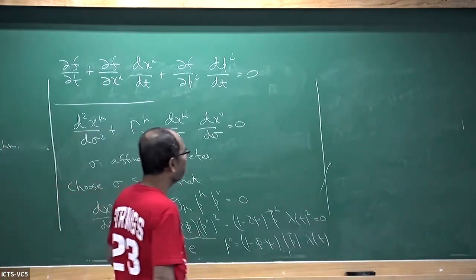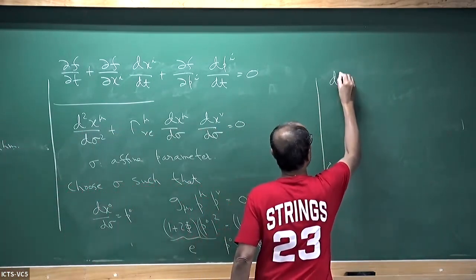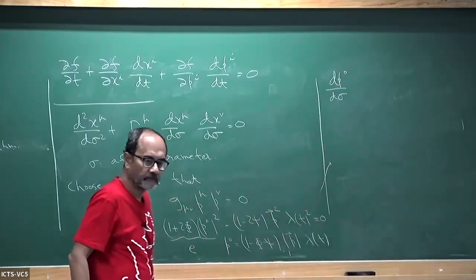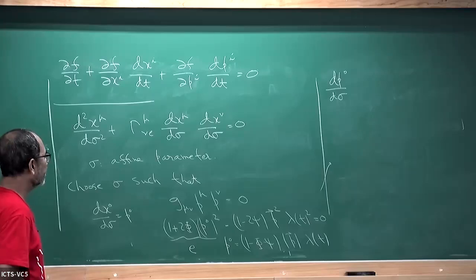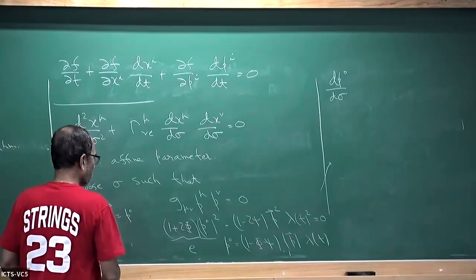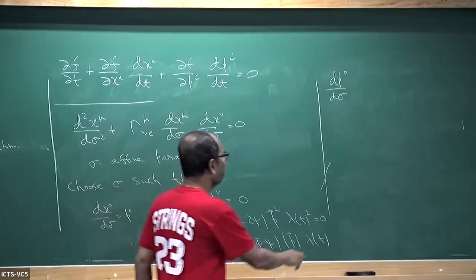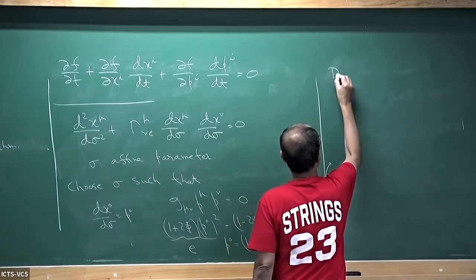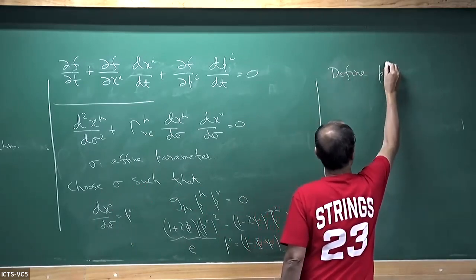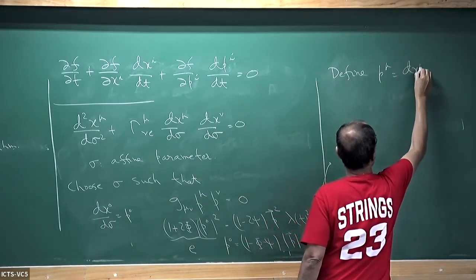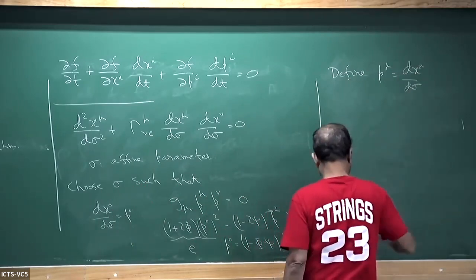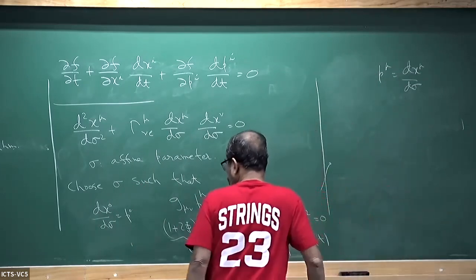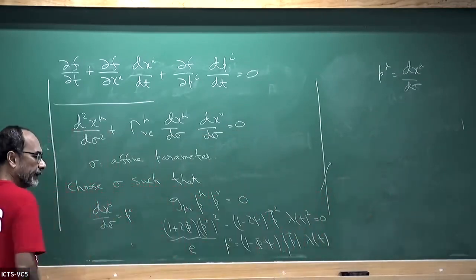dP0 d sigma. This requires, so maybe I should write this equation slightly differently. So we define P mu as dx mu d sigma. Once we have chosen P0 as dx0 d sigma, then Pi will be dxi d sigma.